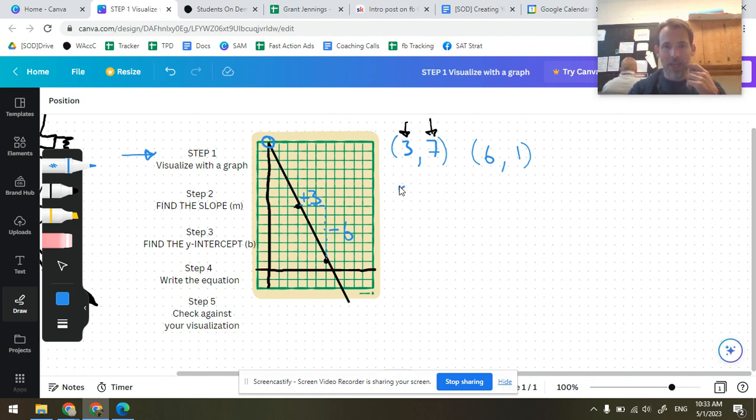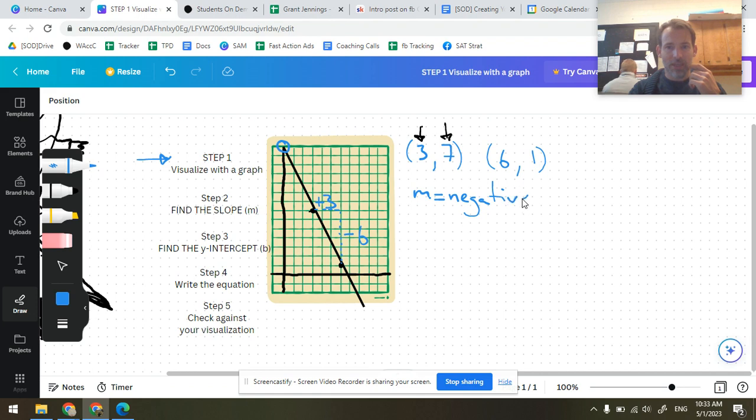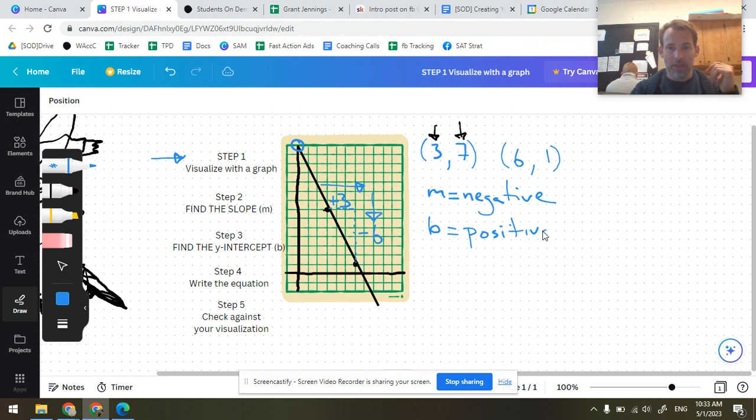What I think is that m is negative. I know this because as x increases, y is decreasing, so that means I have a negative slope. And I expect that b is very positive, definitely bigger than 7.